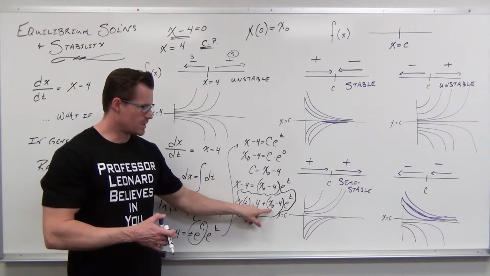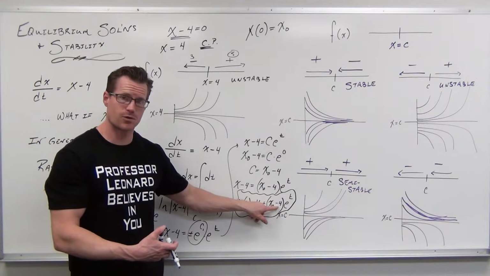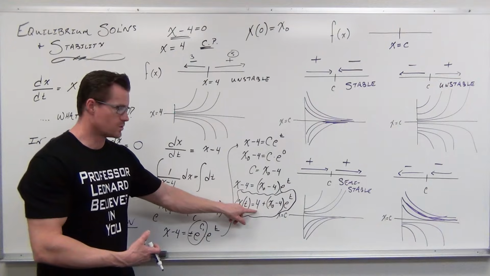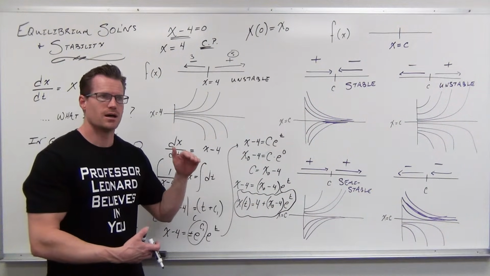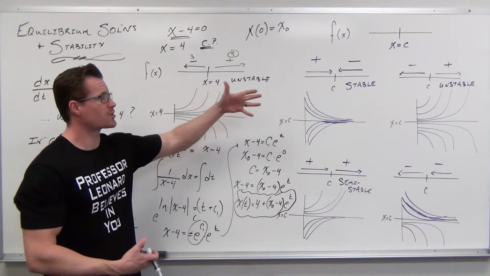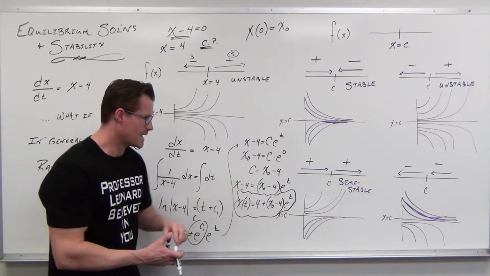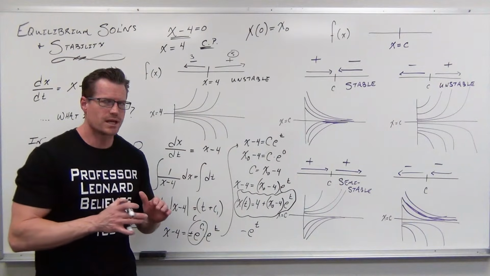Now, what if this is less than 4? If your initial condition is less than 4, then something less than 4, minus 4, would be negative. So you'd start at 4 and subtract, wait a minute, negative e to the t. That would look like this because it's a reflection across the y equals 0 line, the x-axis.